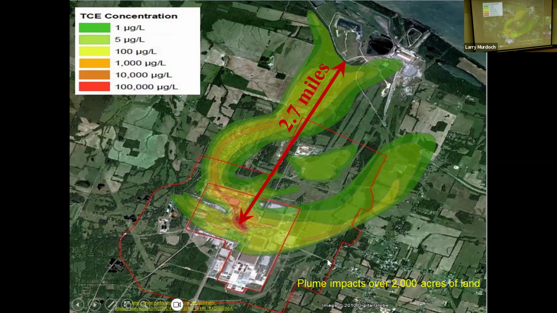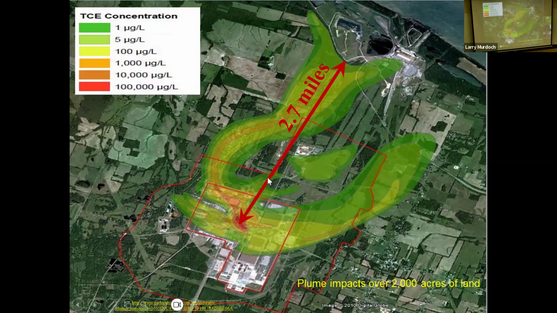And this is the boundary of the site here. So this is owned by this place, and you can see that these plumes are going off of the boundary of the site. So that's really the worst case scenario, because it means that it's impacting places that this facility no longer has control over.